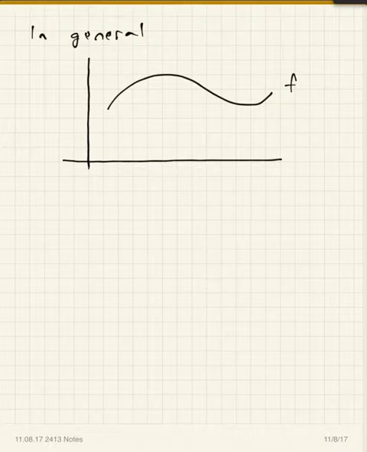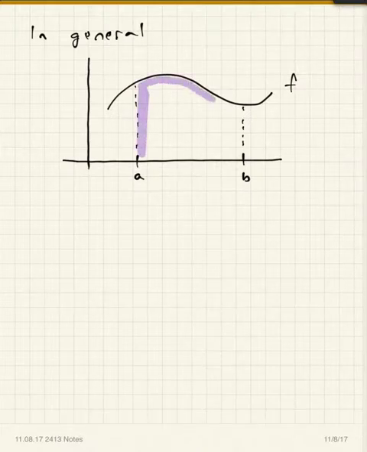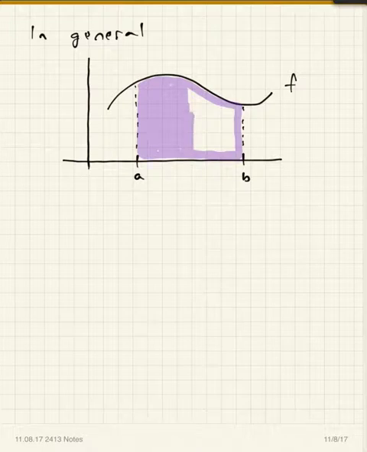It's just some general function. We call it f. And we're looking at the area between a and b. X equals a and x equals b. So we're looking at this area like so. All right, and let's go ahead and shade this in to really make it stand out. All right, so nice irregular region, certainly not a rectangle or anything.